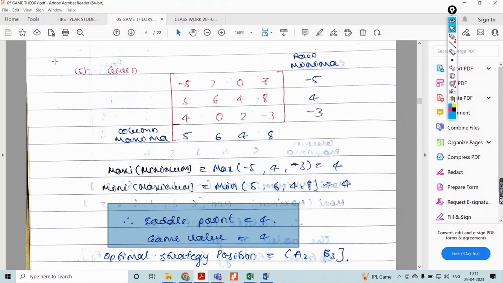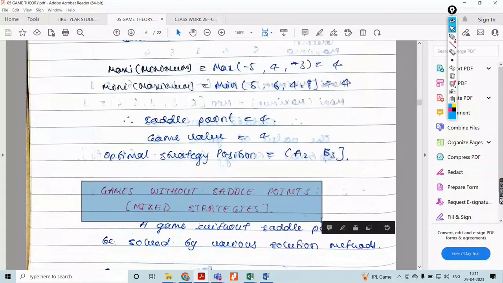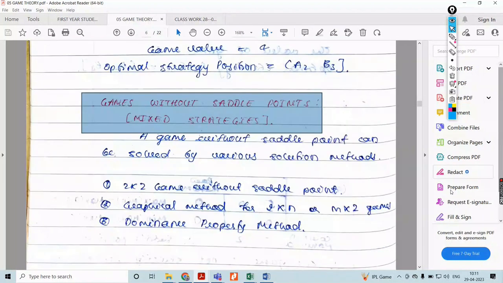But if mixed strategies are present, those can be handled with other methods. One is called the 2x2 game without saddle point, meaning a 2x2 matrix in which it is not possible to identify the saddle point.